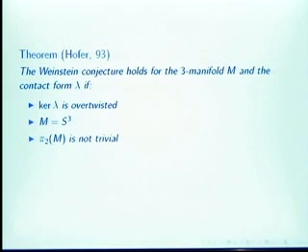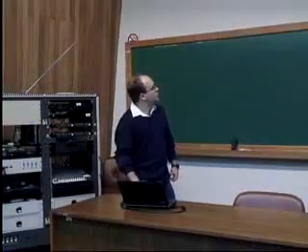Okay. So here's Hofer's theorem, which I just wanted to state since we don't see it very often. The Weinstein conjecture holds for a three-dimensional manifold M if the contact form is overtwisted, or if M is S^3, or if pi_2 is non-trivial. And the proof uses holomorphic curves.